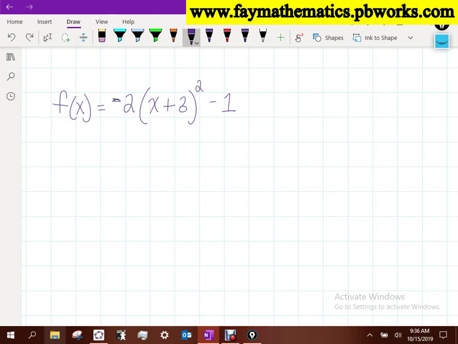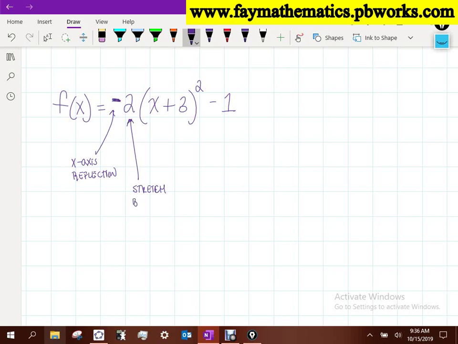What does this negative do if it's out in front of the whole thing? X-axis reflection. What does this multiple of 2 do? Stretch by 2.